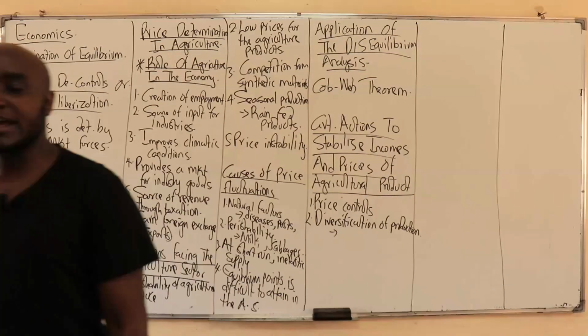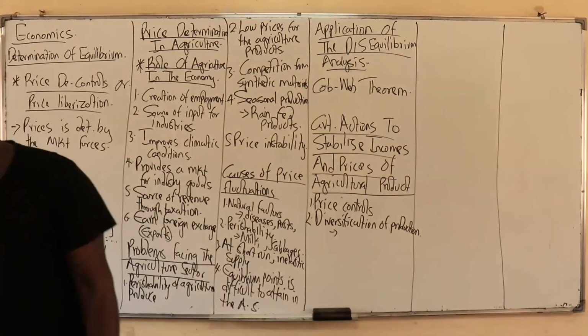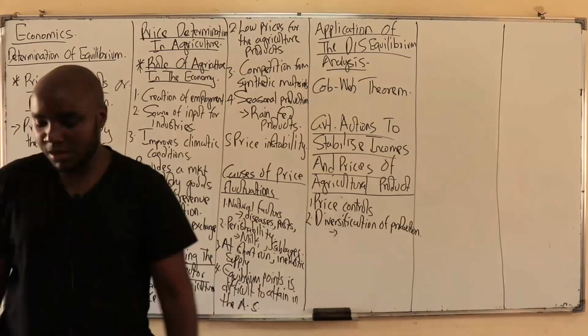The next one is better production or storage methods of crops.